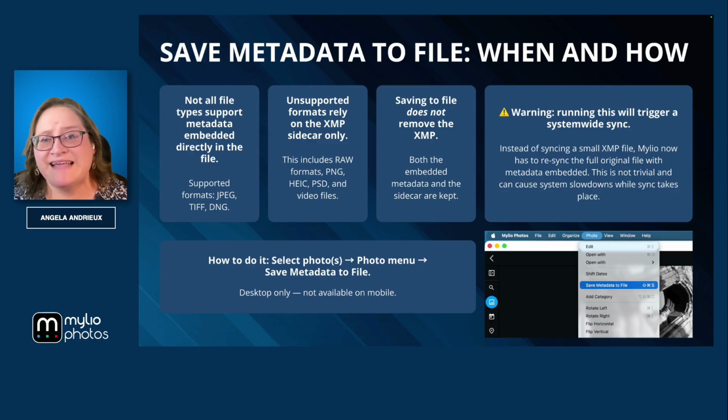One thing to note is saving metadata to the file does not remove the XMP. Both the embedded metadata and the sidecar are kept. You can go into the file system and remove your XMPs, but I don't recommend it, and Mylio will simply try to regenerate it. And you do risk losing important metadata if you do that. We're going to go into that more in a moment.